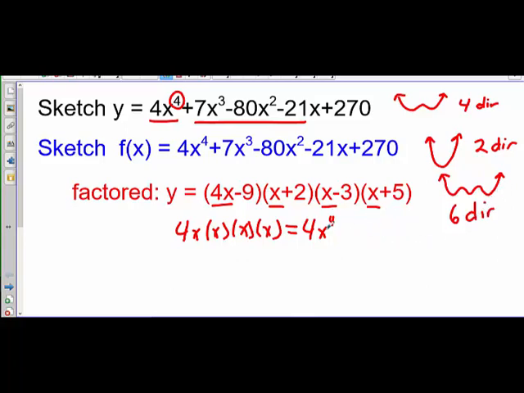And then something that is an odd degreed function, if I have a cubic, it's only going to go 3 directions. So it's up 1, down 2, up 3. A quintic, a 5th power, will do up to 5 directions. 1, 2, 3, 4, 5.